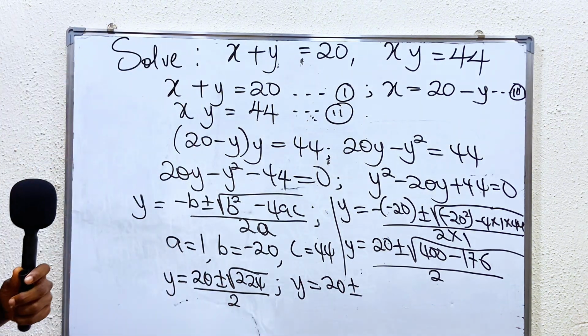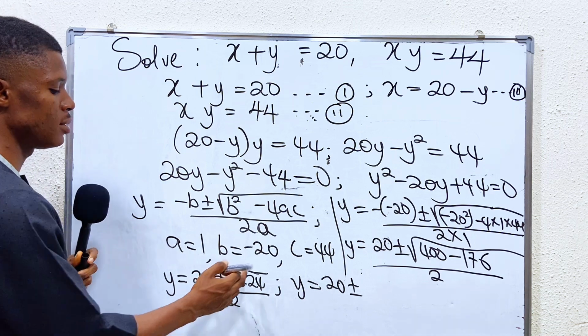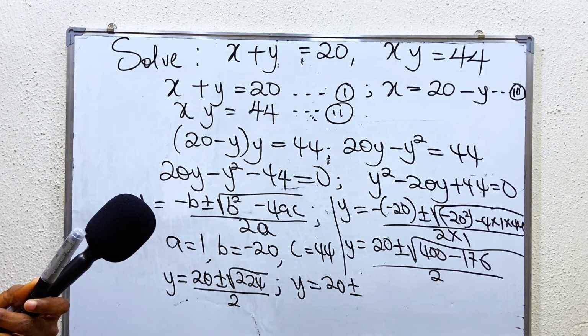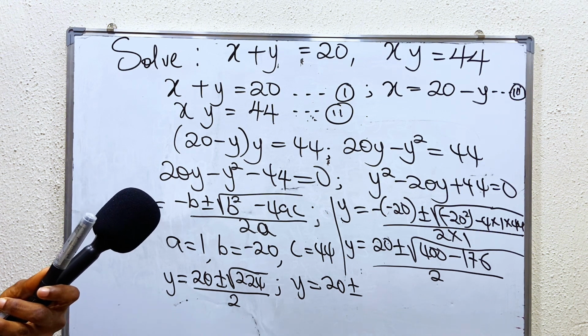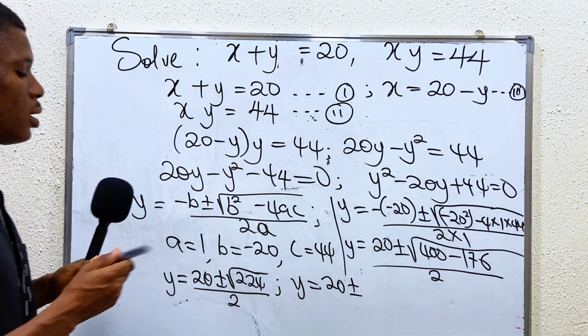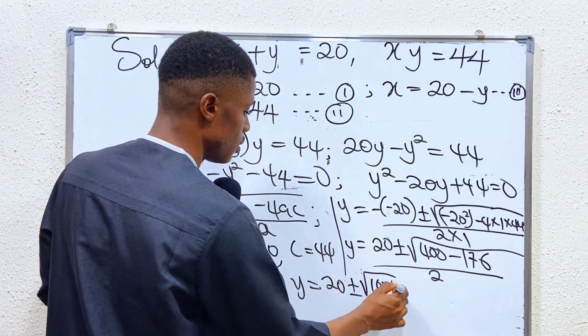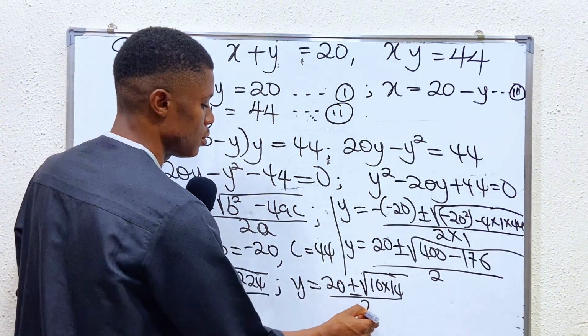Let's reduce this to solve. We think of two numbers, which is 16 times 14. That will give us a perfect square, then divided by 2.